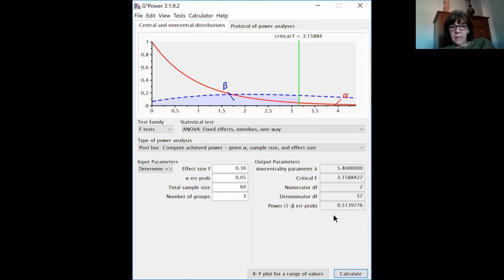And in this, with that sample size, you only had a 51% chance of rejecting the null hypothesis if the alternative hypothesis was true. Note that the effect size is not statistical significance.